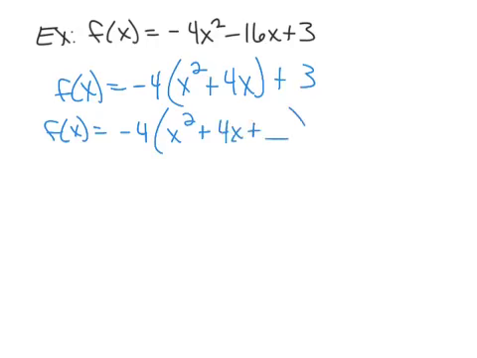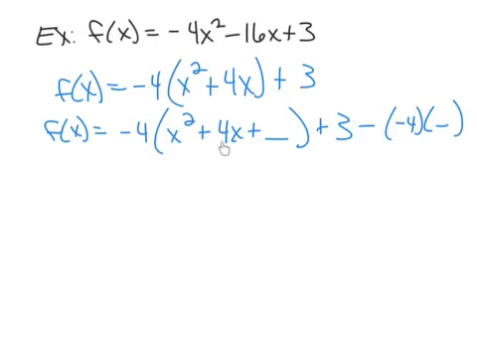Plus blank, plus 3. Now, let's think about this. Whatever I add here, I'm going to multiply by negative 4 and subtract away. So plus 3 minus a negative 4 times whatever value I have. And then it'll all work out.